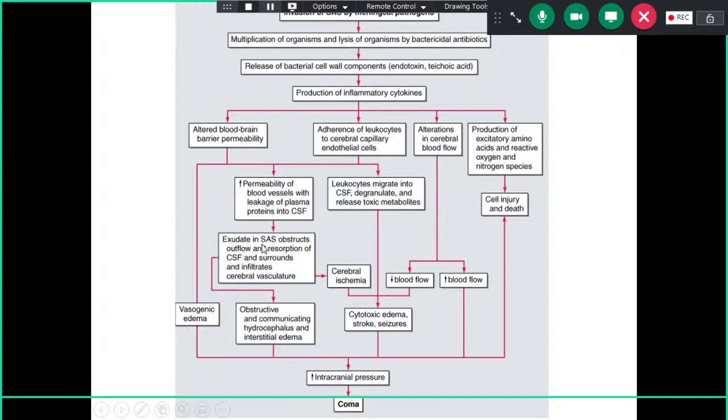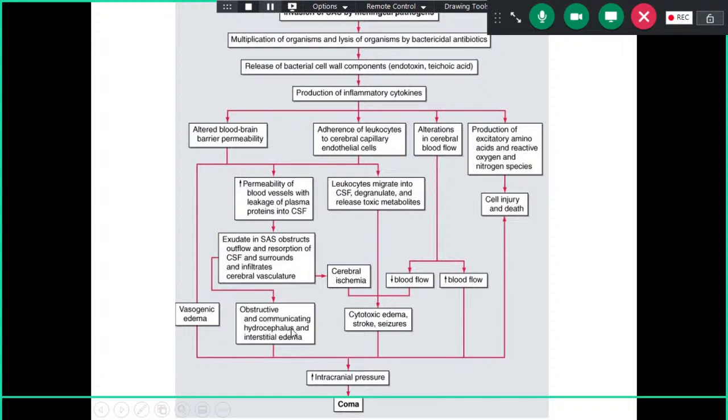This will cause the presence of a large amount of exudative fluid inside the subarachnoid space, and this will obstruct the outflow of the CSF that I already talked about. CSF circulation will be obliterated, and this will cause severe pressure on the brain.